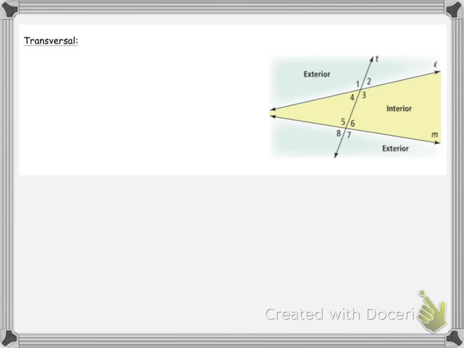Let's go a little deeper and talk about a transversal real quick, which is what we're going to be looking at a lot today. So a transversal is simply a line that intersects two or more coplanar lines.